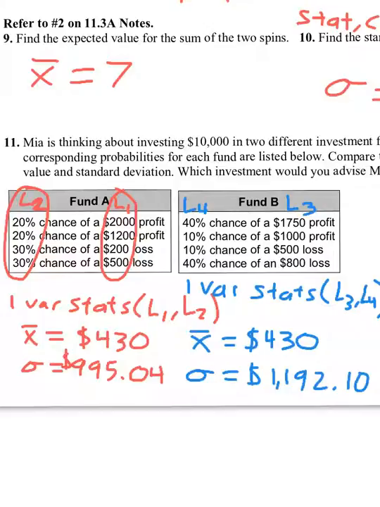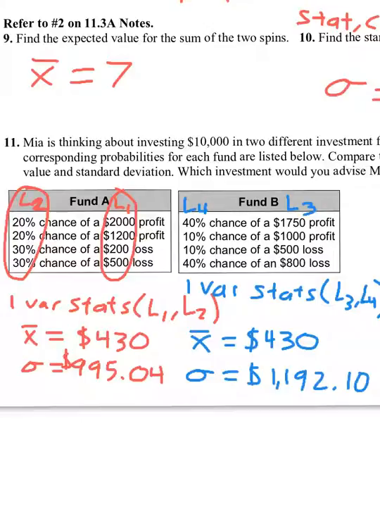So if you want to be conservative, you want to pick the lower standard deviation. Look at Fund A. Fund A is more conservative. It has only a 30% chance of losing $500. In Fund B, there's a 50% chance of losing $500 or more.